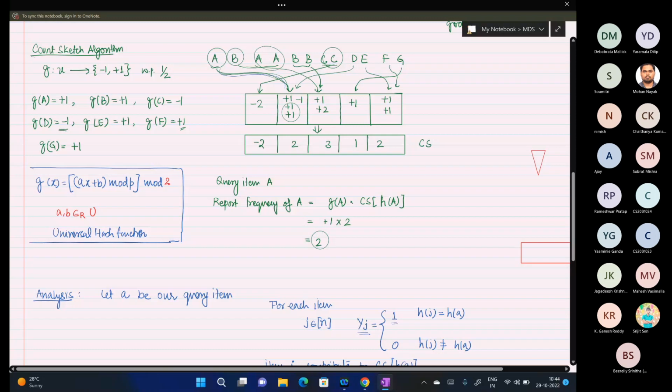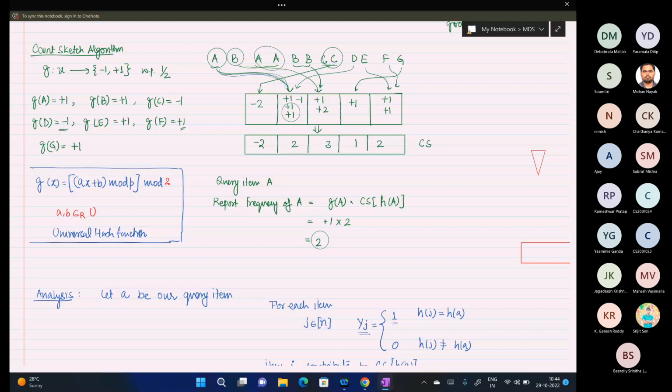Suppose, for example, you need to query the frequency of item C. It mapped to this bucket, and the value is -2, right? So that's why we are multiplying it with the G function again, so that its negative effect can be taken care of in some sense. So the frequency of C will be G of C, which is -1, into the corresponding value -2.